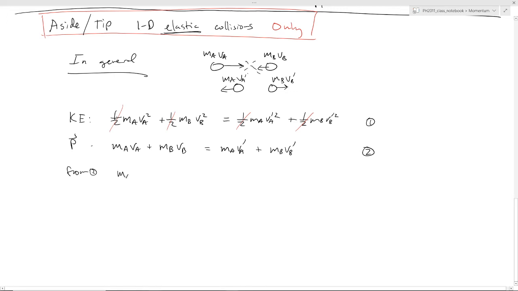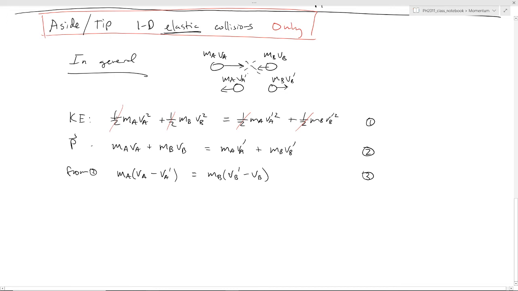If I put all the MA terms on this side, I would have MA times (VA minus VA prime) equal to MB times (VB prime minus VB). All I've done is subtract, put this over here and put this over there. Doing that, I get this expression. Let's call this one 3.